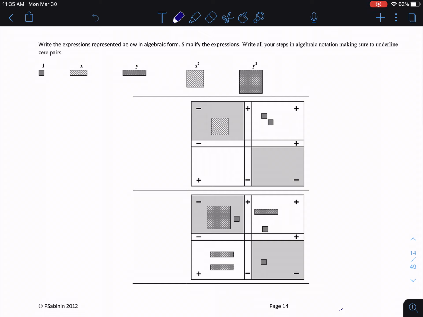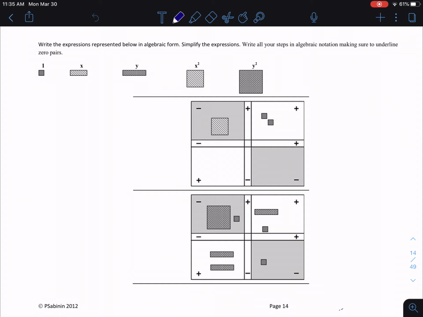So the 4 quadrants can also be either positive or negative, and you see that now the positive is in the top right and the bottom left, and then the negatives are in the top left and bottom right. Now, in terms of the meaning of each of the locations, it's still the same.